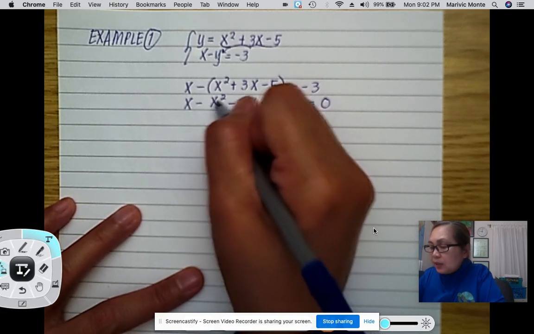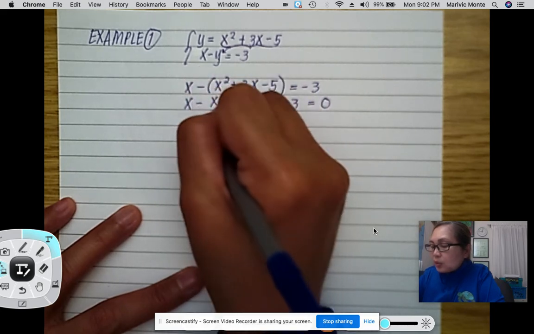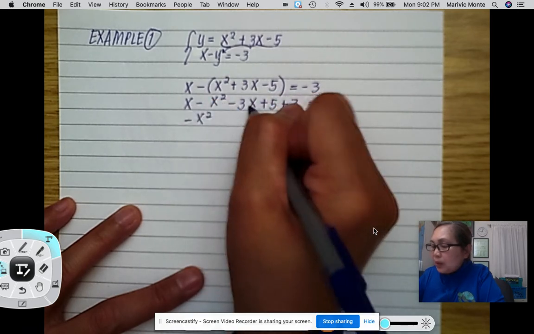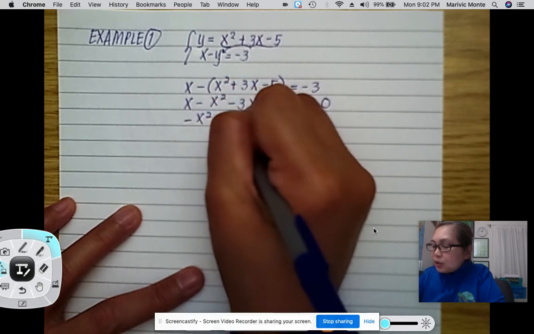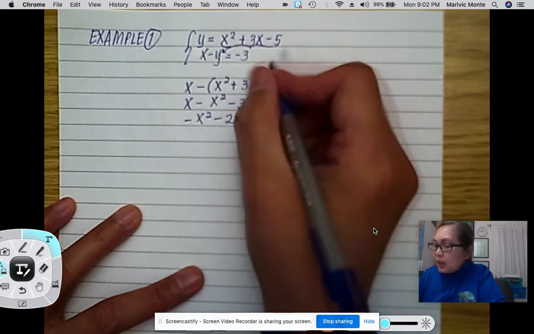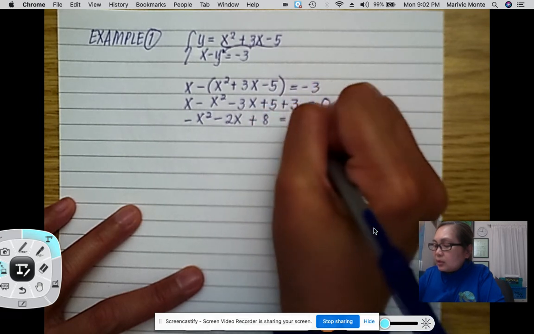The highest degree here is 2, so I'm going to start with that term. So I'm going to write minus x squared. And x minus 3x is minus 2x. And I have 5 plus 3, which is 8, equals 0.